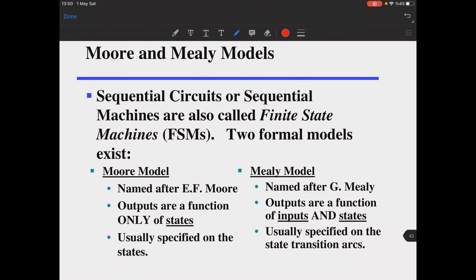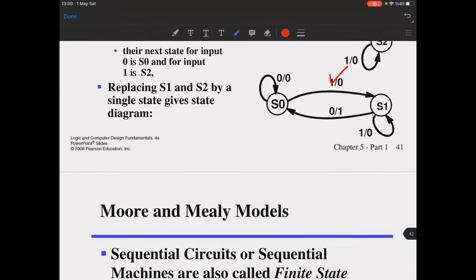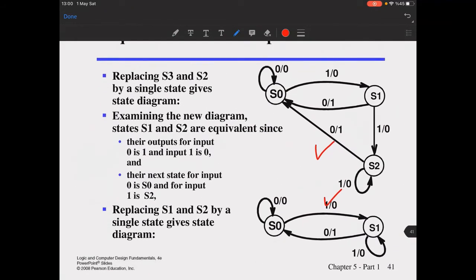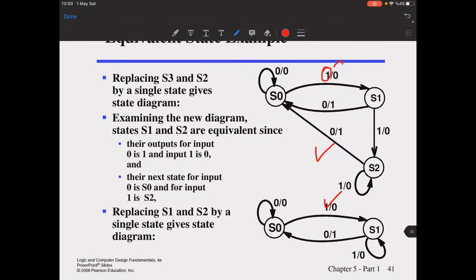When you pause the video and think about this, you can easily see that the Mealy model is much more prone to errors because there can be glitches in your inputs right here. So your inputs will affect your outputs in a very direct manner in your Mealy designs.